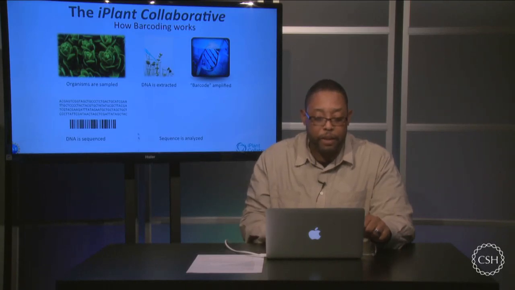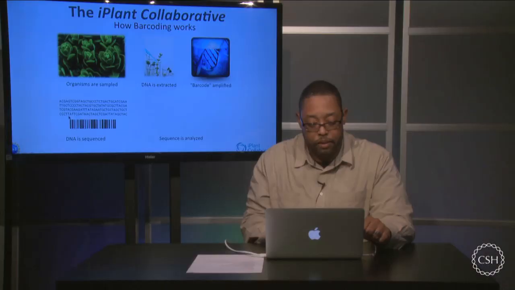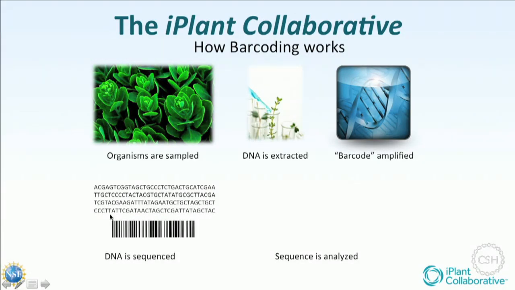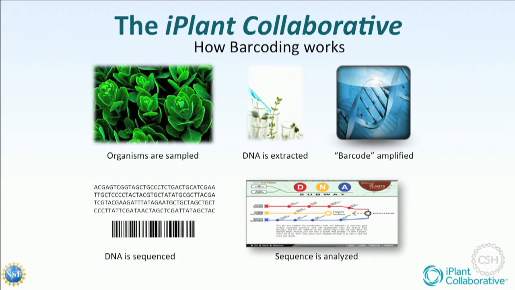So we can see here that we have the sequence of our barcode upon getting the data back from GeneWiz. And then what we can do is proceed with that data straight to DNA Subway, where we can create phylogenetic trees. This is a really important program to the analysis of our data, because it allows us to use several different types of programs to both trim and analyze our data all together. So DNA Subway is a suite of programs that allows us to do everything all in one window rather than several.